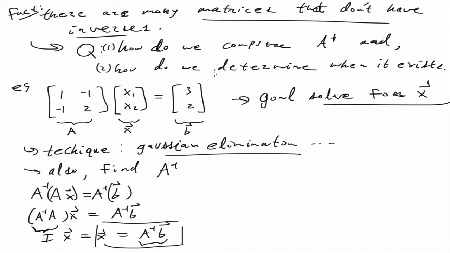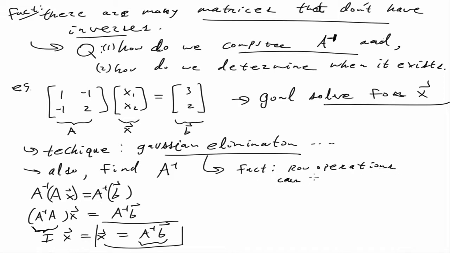Of course, that achieves our goal. So the question then is, how do we compute A inverse, and how do we know it exists? We know the basic framework here. We're going to use Gaussian elimination, but we're going to be a little more careful about how we use it, and we're going to identify one more fact: row operations can be represented as matrix multiplications.